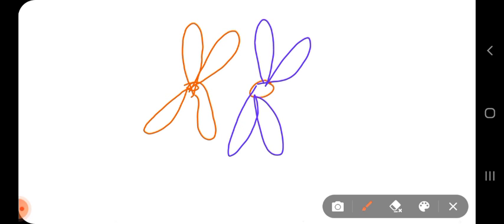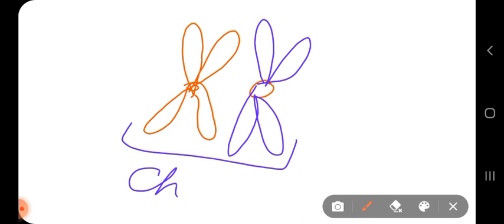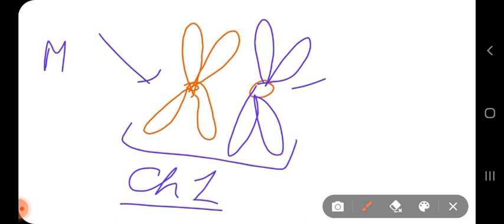Now we are all diploid, we know, and chromosomes always occur in pairs. This is the pair from father and this is the pair from mother. Suppose this is chromosome number 1 pair, one from maternal, one from paternal.